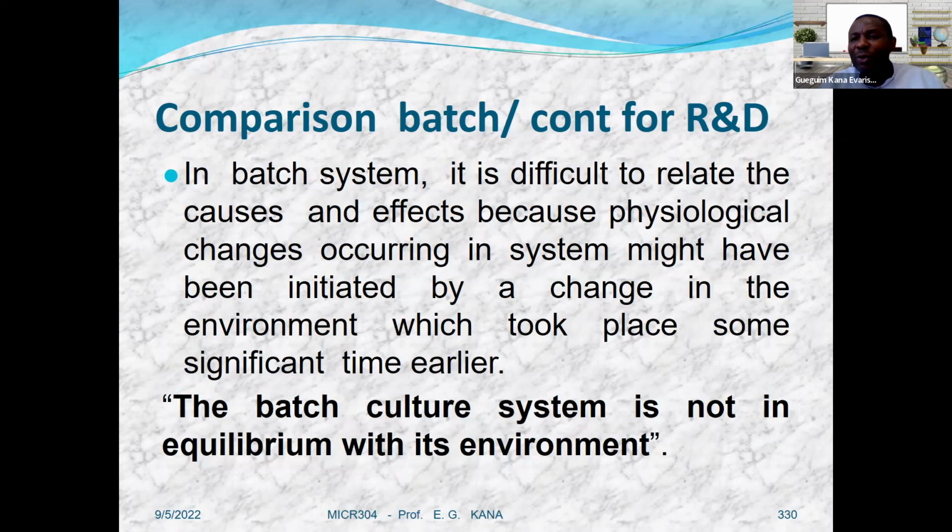Okay, you may not be able to really establish what is referred to as cause and effect. You may not easily establish a cause and effect because what the cell is responding to is an environmental change that might have taken place a substantial amount of time earlier on. That's why we say the batch system is not in equilibrium with its environment.